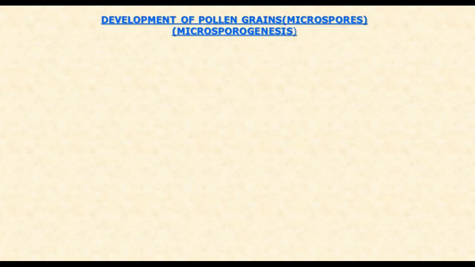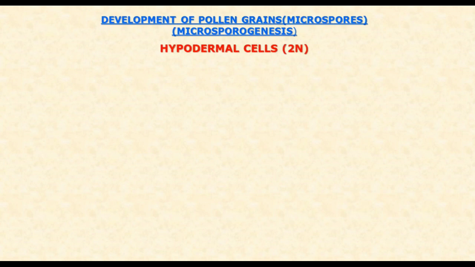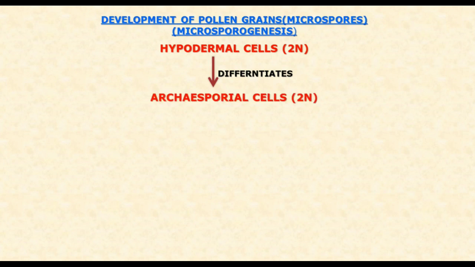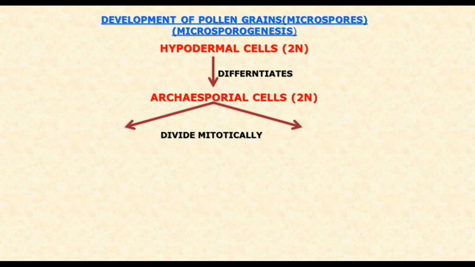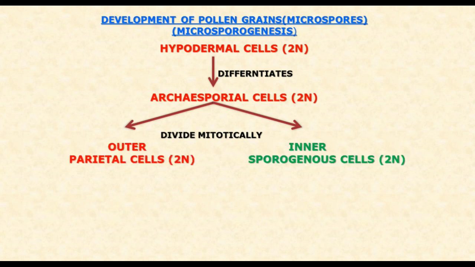Here is also a flowchart to describe the development of pollen grains or microspore formation or microsporogenesis. Here you can see the hypodermal cells which differentiate to form the archesporial cell. These archesporial cells divide mitotically to form the outer parietal cell and inner sporogenous cells.